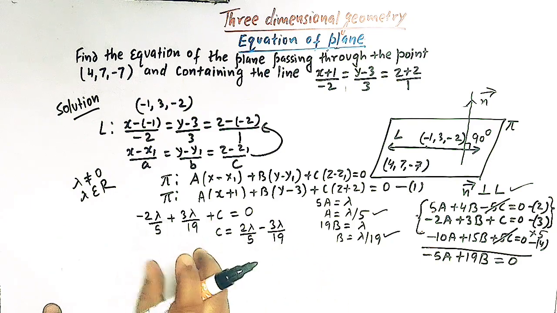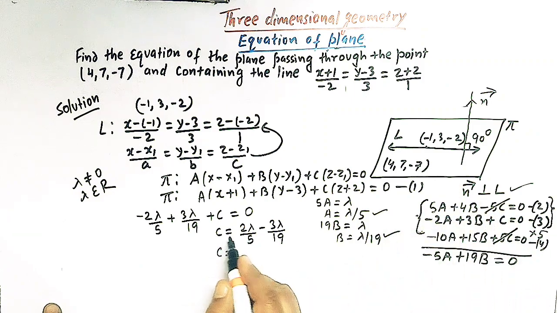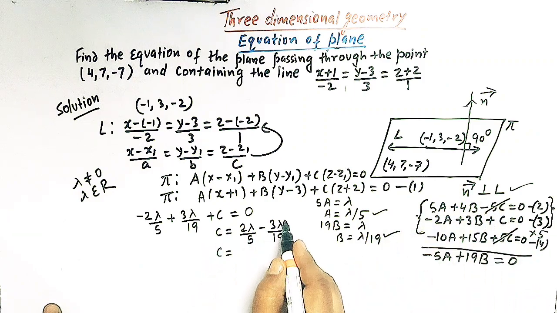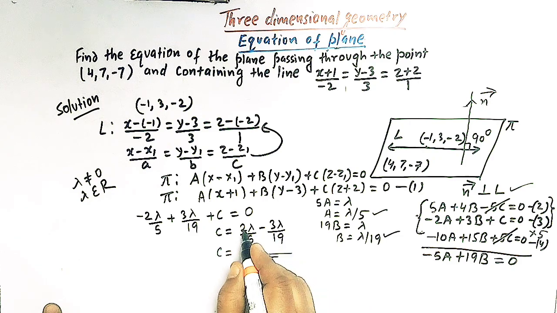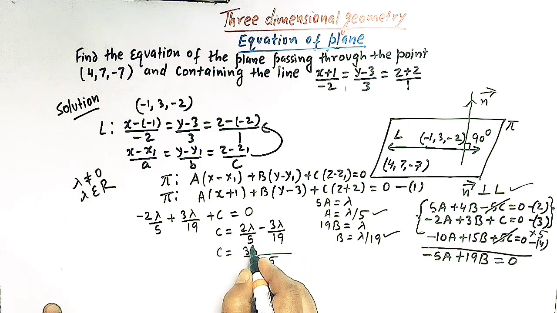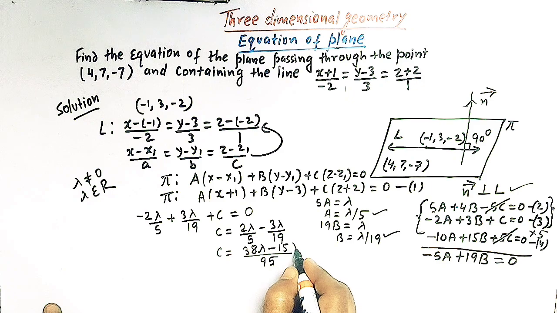So taking these two terms to the right hand side. So now here to get the value of c, we have to solve this expression, and here we can take the LCM. So we have the LCM of 5 and 19 as 95, and now taking the cross multiplication, we have 19 times 2 is 38, and then 5 times 3 is 15 lambda.